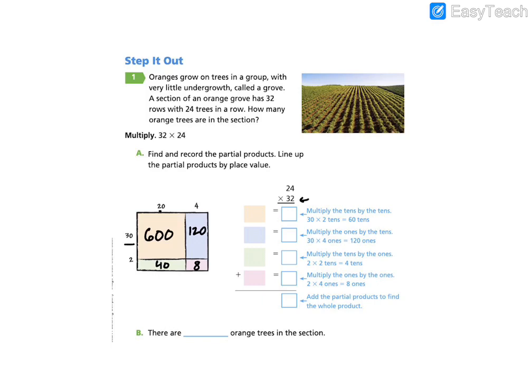Okay, we're going to start with our 3 tens times our 2 tens. That's how our book wants us to start it. So our 30 times our 2 tens, just like we started multiplying on our area model, is equal to 60 tens or 600. Okay, it's giving us kind of small boxes to put that in.